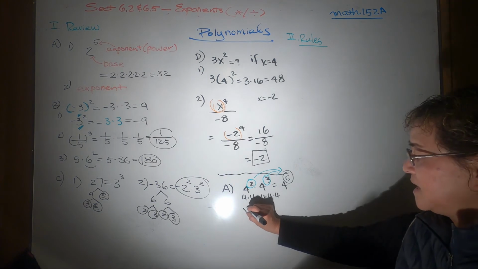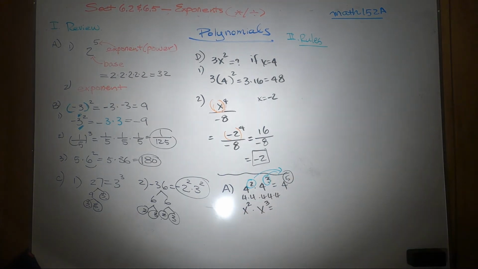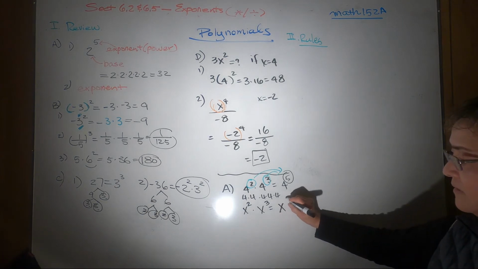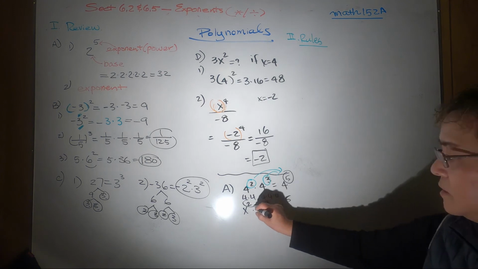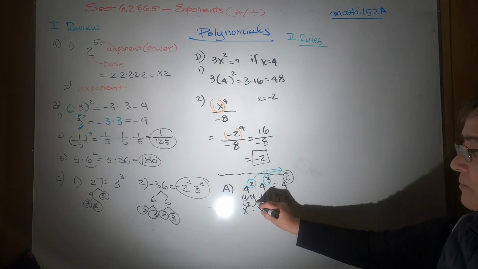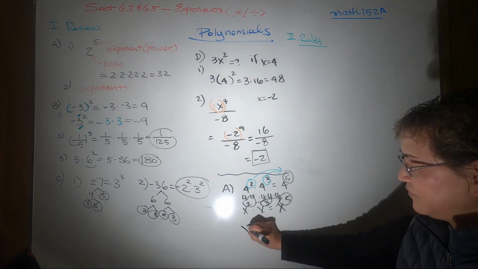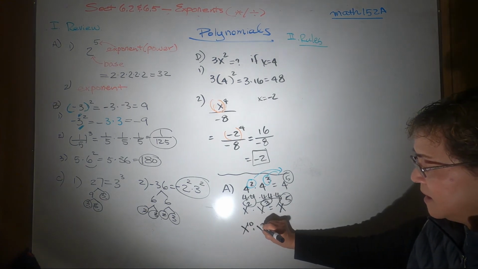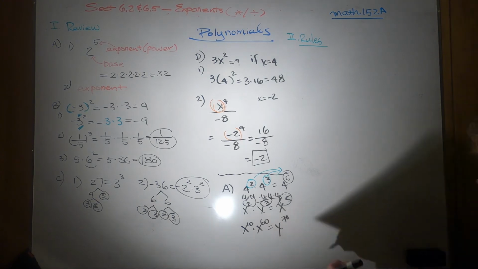If you have x squared times x third, then how many x's you have? 5. X is your base. So you add the power, right? So if you have x tenth times x 60th, how many you have? X 70.